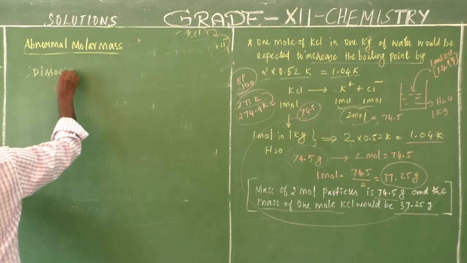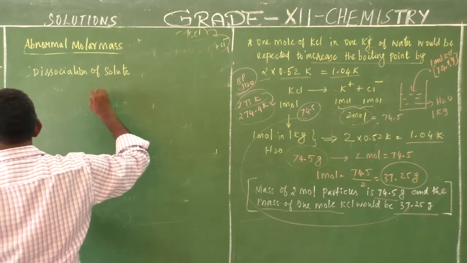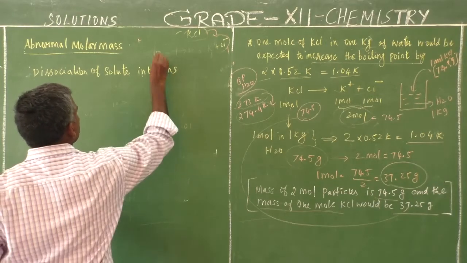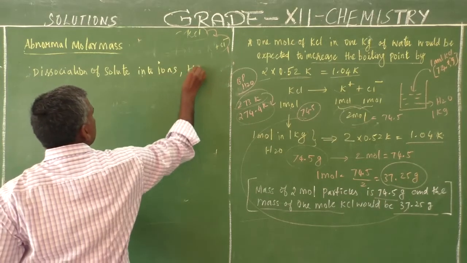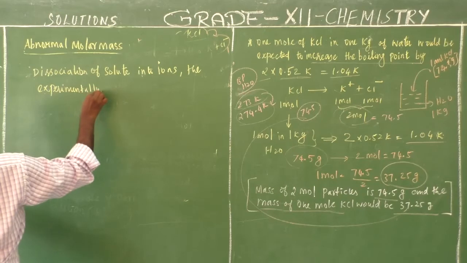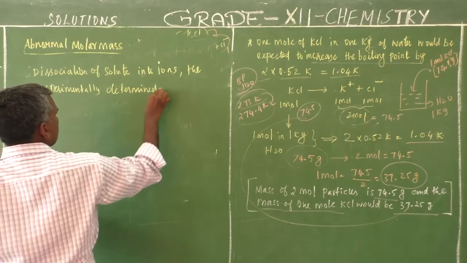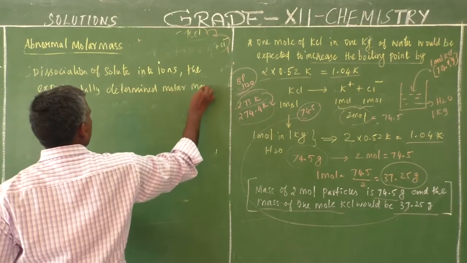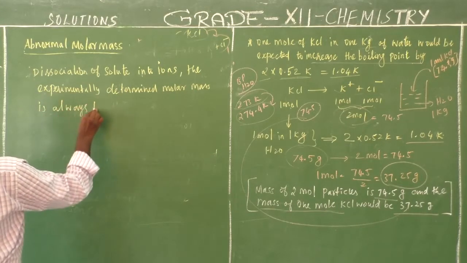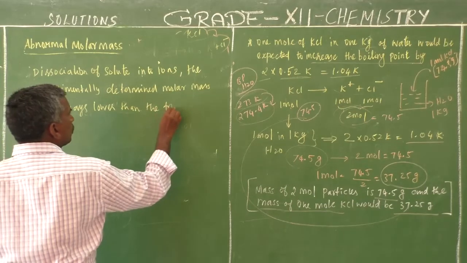Dissociation of solute into ions. The experimentally determined molar mass is always lower than the true value.